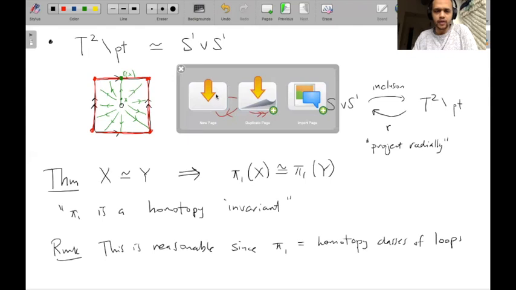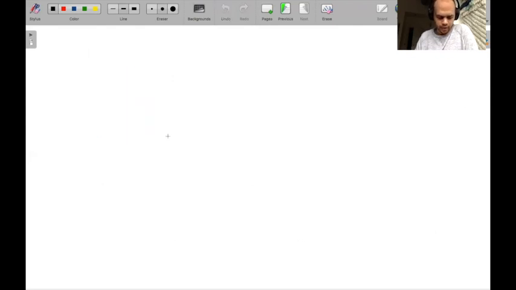If you want more details, I would encourage you to read the book. All right, so an example, an illustration of this theorem. Here are some spaces that all have the same fundamental group.